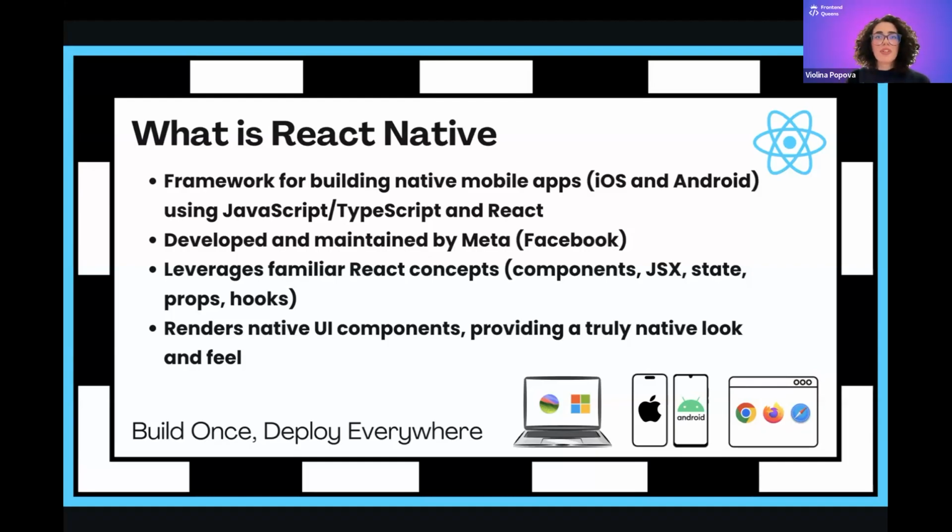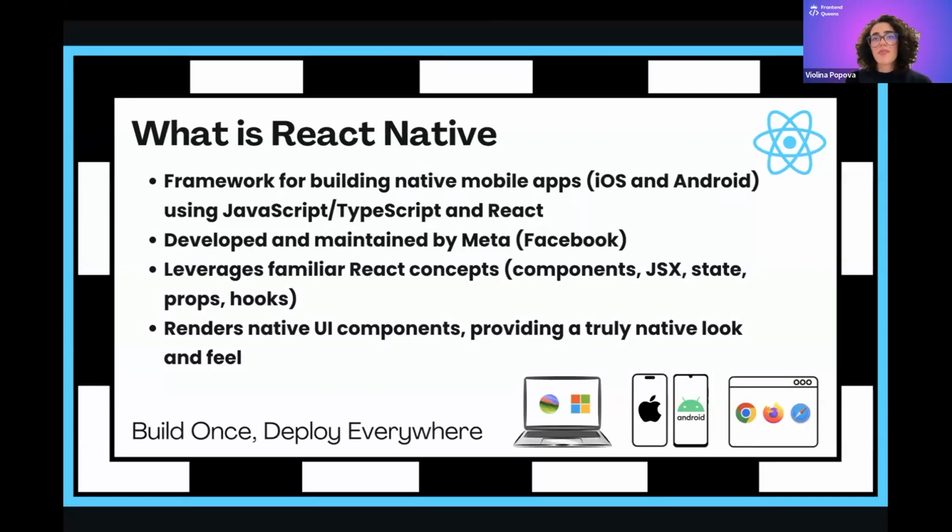This is a crucial point. Unlike some other cross-platform solutions that might render web views, React Native renders actual native UI components. So when you create a button in React Native on iOS, it becomes a real UI button, and on Android, it becomes a real Android widget button. This is what gives React Native apps that truly native look and feel, and contributes significantly to their performance because it's rendering native components.